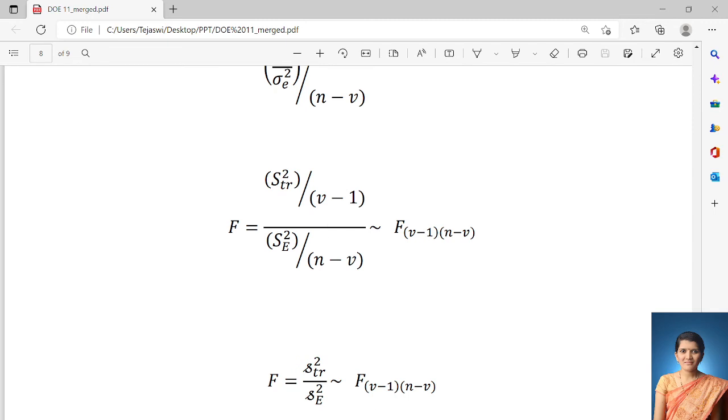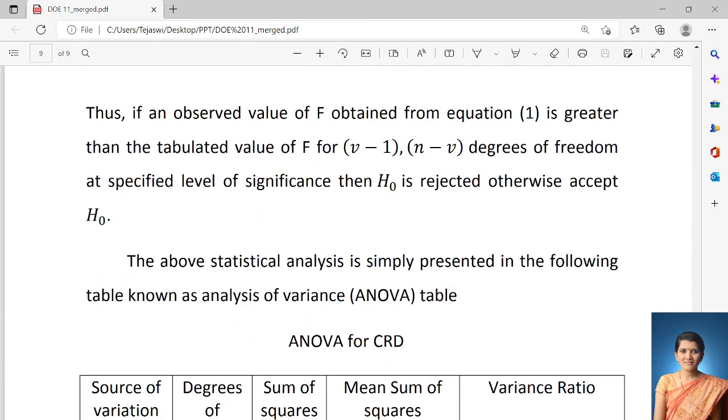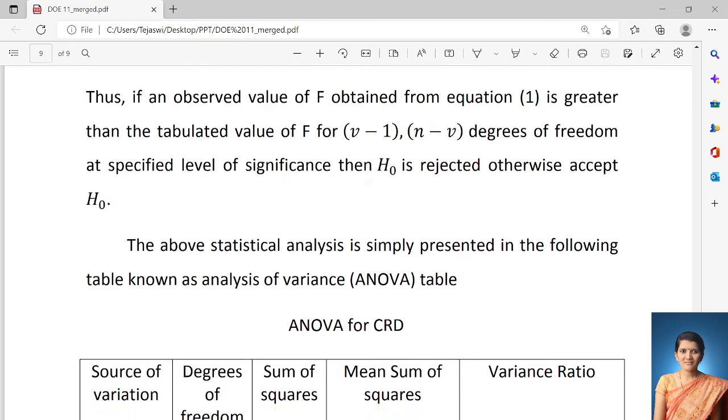By simplification we get the mean sum of square due to the treatment and the mean sum of square due to the error. If the calculated value is greater than the tabulated value at the specified level of significance, then H naught is rejected, otherwise accepted. The above statistical analysis is presented in the following ANOVA table.